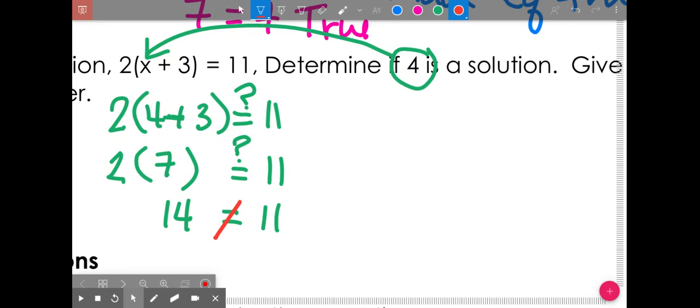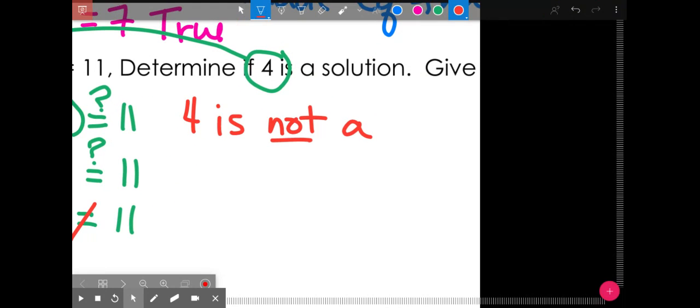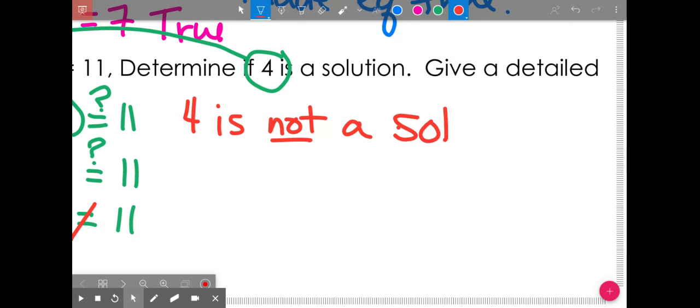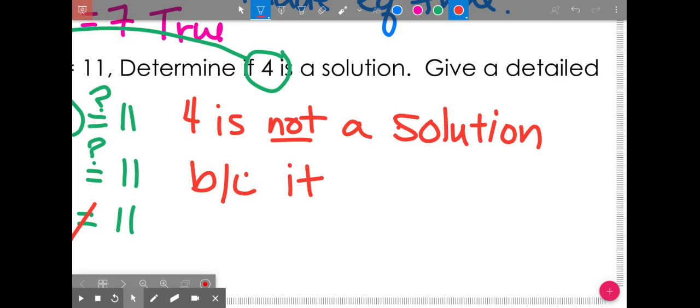So we say that 4 is not a solution. And we can say that because it made the equation false.